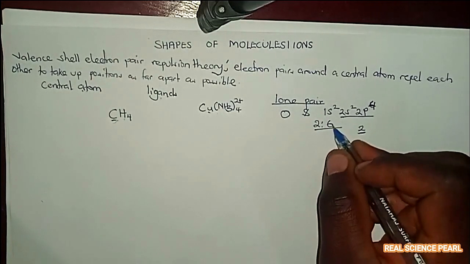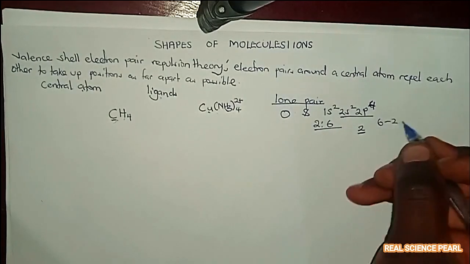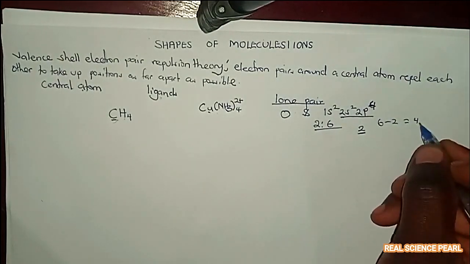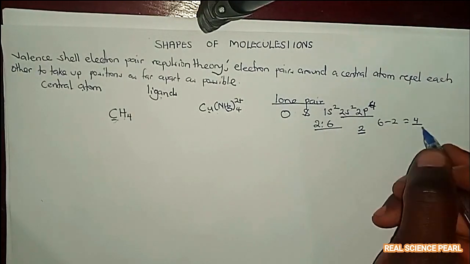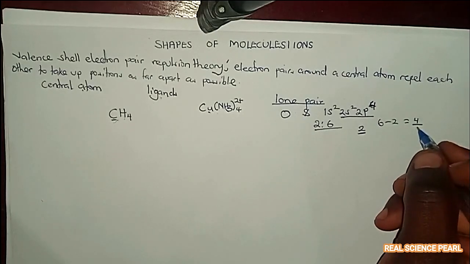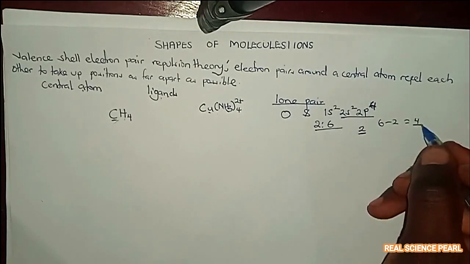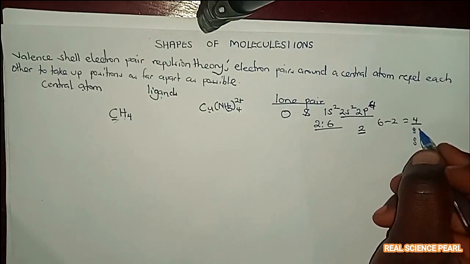Meaning, out of the 6 outermost electrons, 6 minus 2 equals 4, there are 4 electrons that do not take part in bonding. And these electrons that do not take part in bonding are what you call the lone pairs. Since there are 4, 2 make a lone pair.